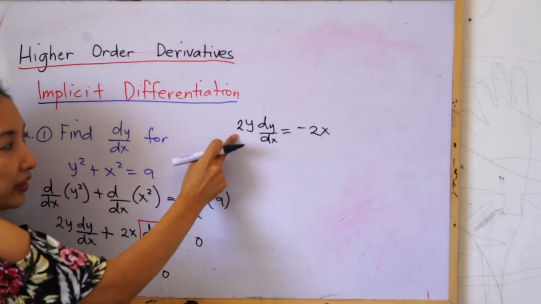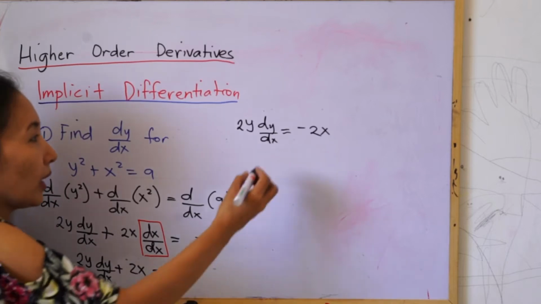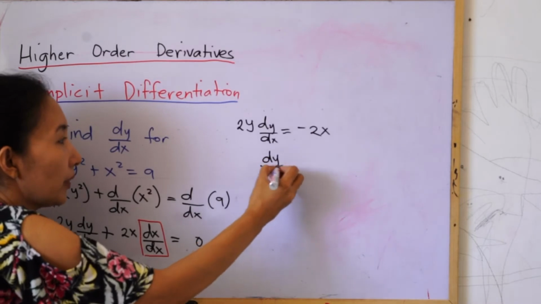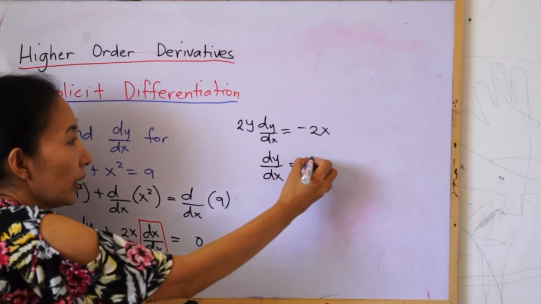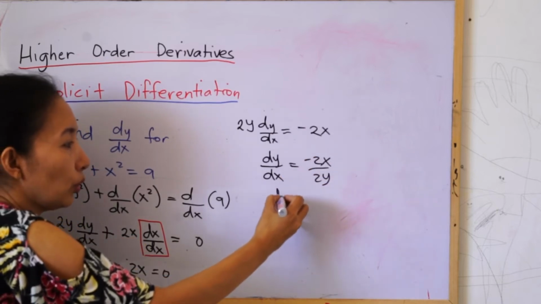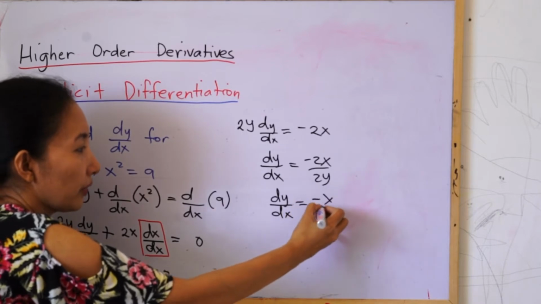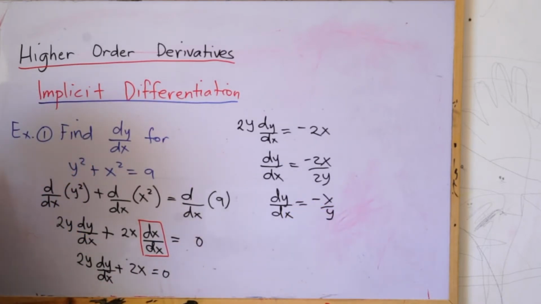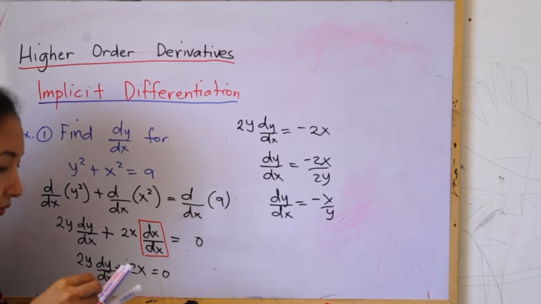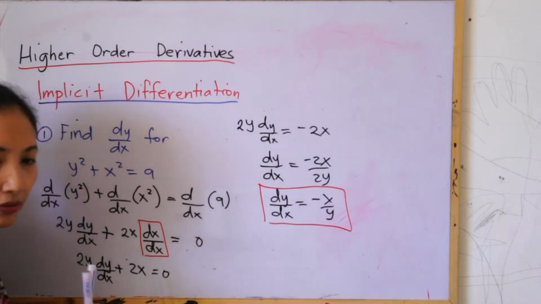That means we have to divide the whole equation by 2y, or using your multiplication property of equality. So your dy over dx is equal to negative 2x over 2y. And cancelling out 2, finally, dy over dx is equal to negative x over y. Okay? So dy over dx is equal to negative x over y.